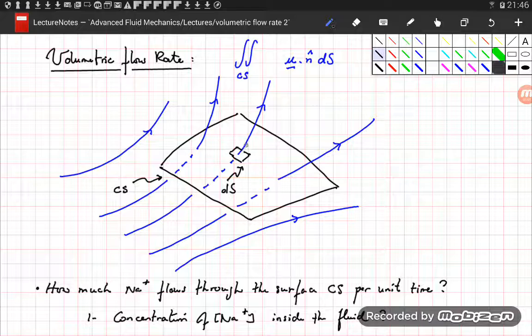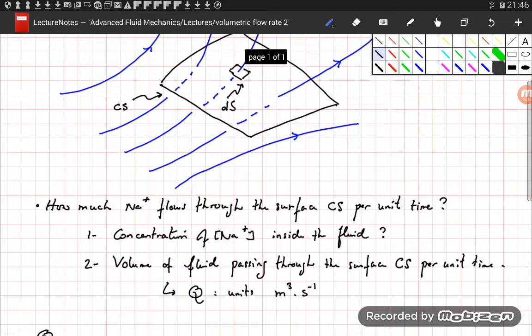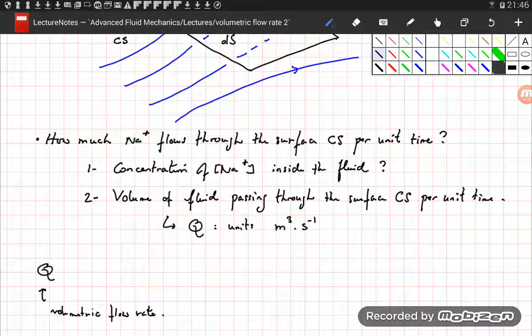There is some fluid coming through, and therefore there is a certain volume of water flowing through this dS. So if we want to compute the volumetric flow rate through the entire control surface, we have to look at the small piece of volumetric flow rate flowing through dS. So let's write Q will be equal to the double integral over the entire surface CS of dq, where I call dq the small volumetric flow rate through the small differential element of surface dS.